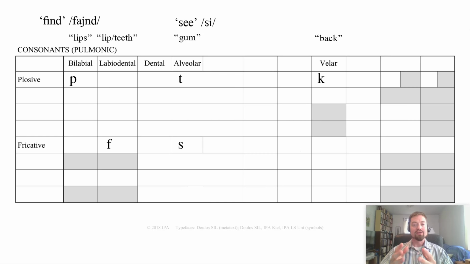And that's called dental, because the tongue is touching our top front teeth. Sometimes it can be made with the tongue between the teeth, but typically touching the top front teeth. So dental, of course, a teeth sound.